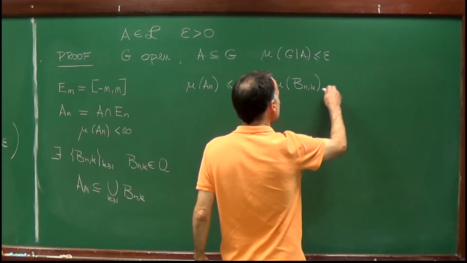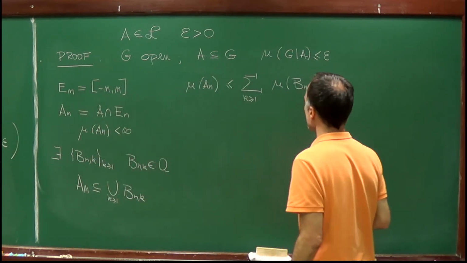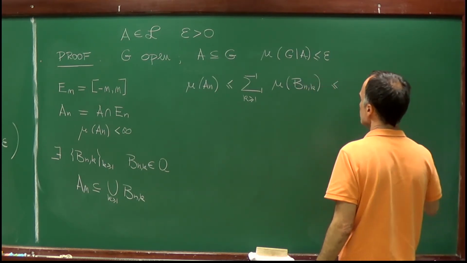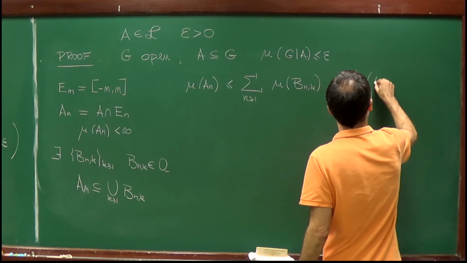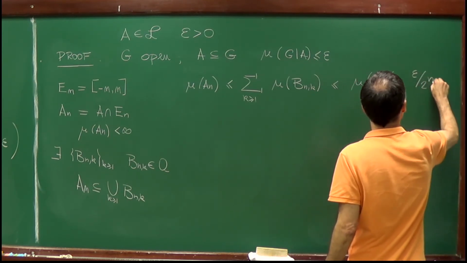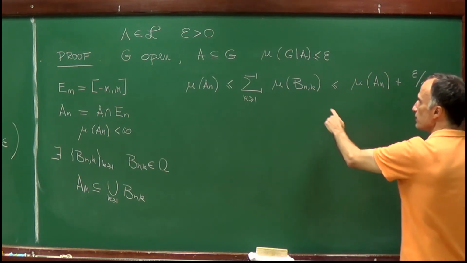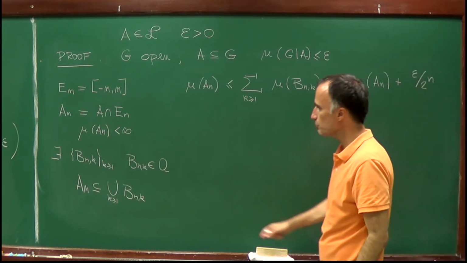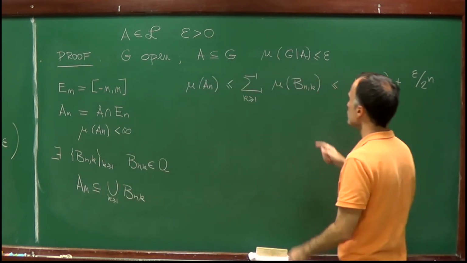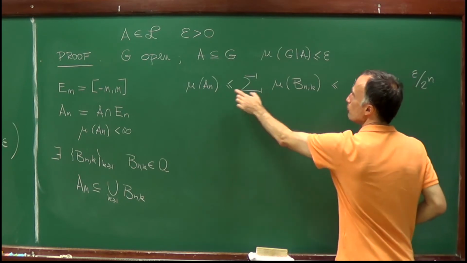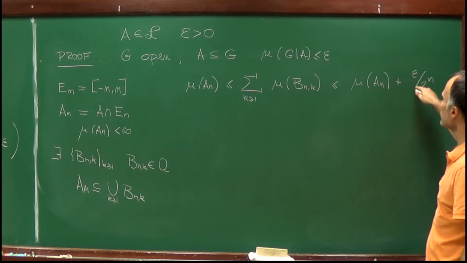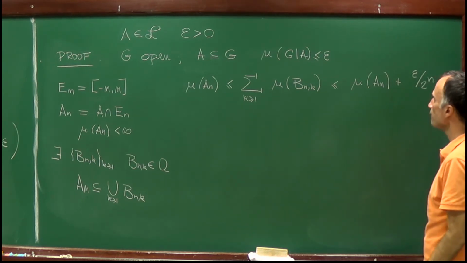We can find one specific covering of A_n which almost attains mu of A_n. So we obtained elements of the algebra covering the set A_n whose measure is bigger than mu of A_n, but smaller than mu of A_n plus epsilon over 2^n.